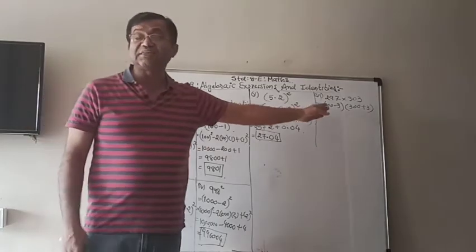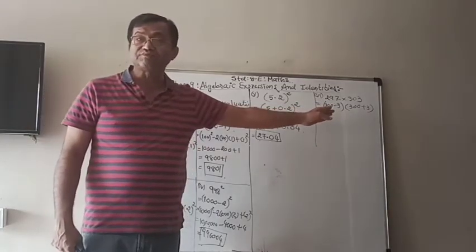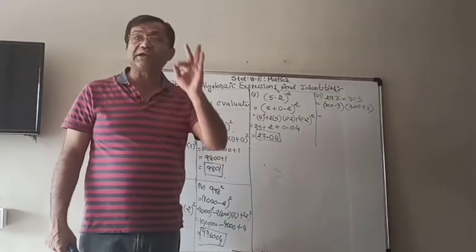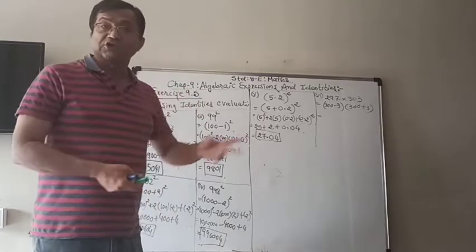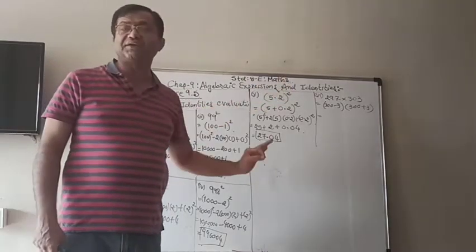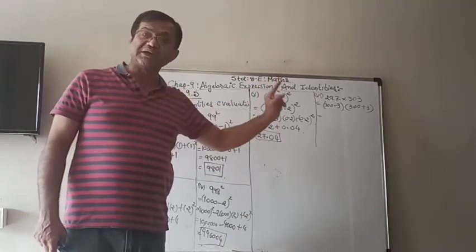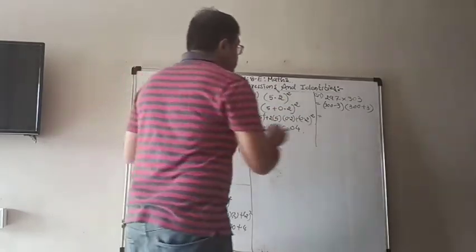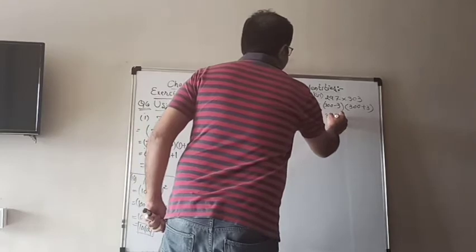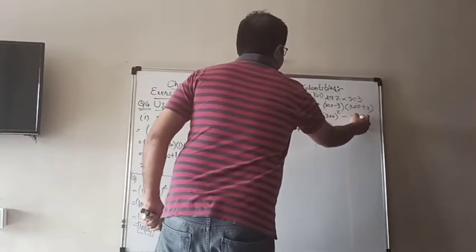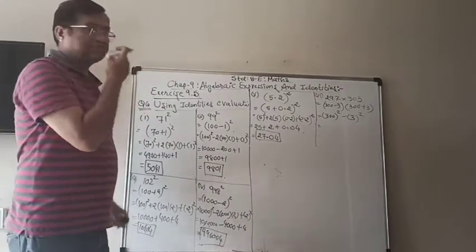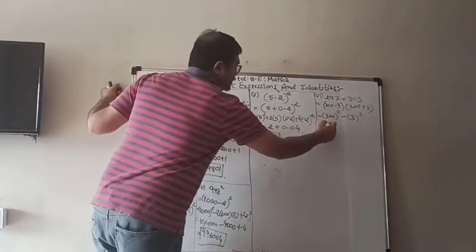You can see that the third identity is used. A minus B, A plus B is A square minus B square. So here in place of A there is 300, in place of B it is 3. So you can do 300 square minus 3 square. 300 square is 90,000, 3 square is 9.